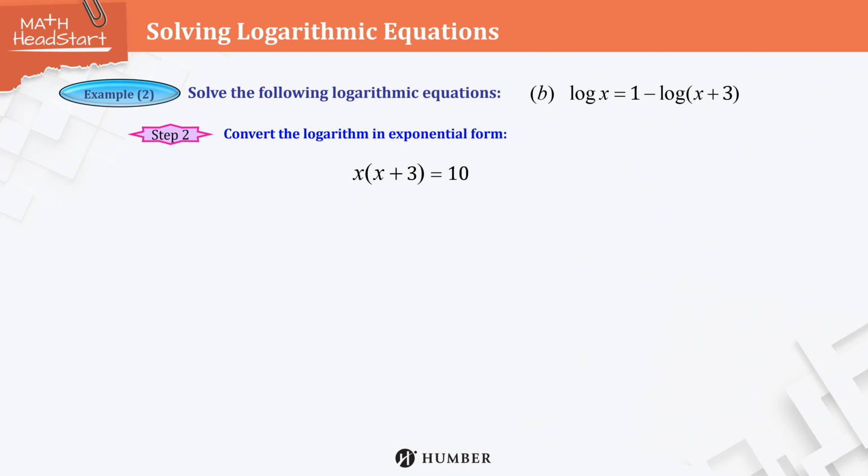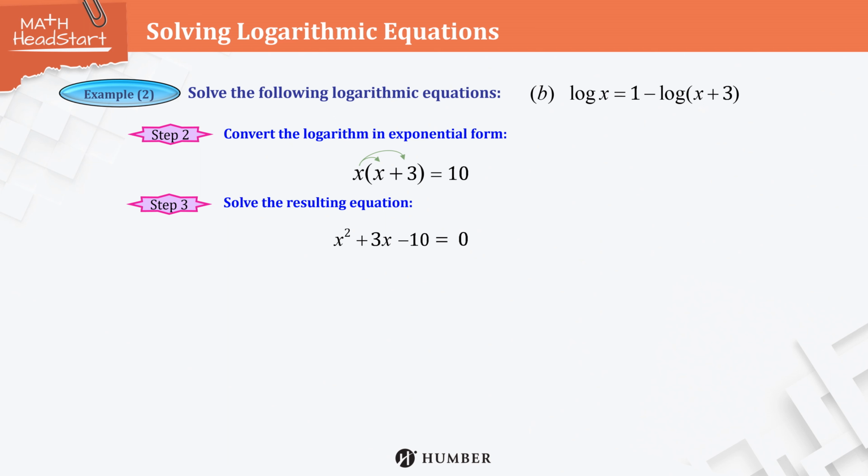In the last step, we can finally solve for x. Let's distribute x to the inside of the bracket. It looks like a quadratic equation now, so we move the constant 10 to the left to get 0 on the right side of the equation.